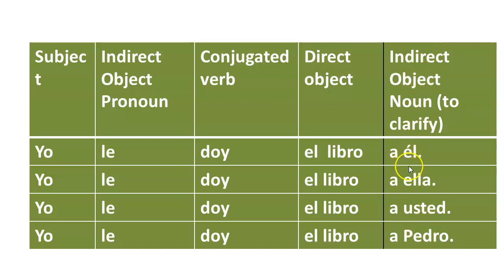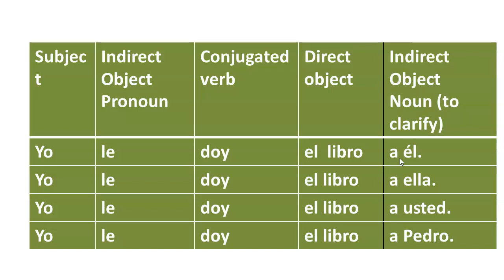So I could say, yo le doy el libro a él, and this will mean specifically I give him the book. It's redundant, it's a repetition, and to native English speakers it does sound a little unusual. It sounds repetitive, but it's necessary in Spanish to clarify.